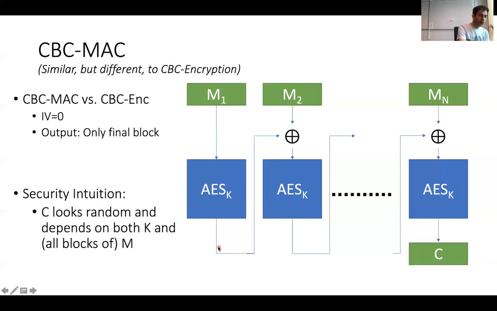Maybe the output of the first block will be the same, but then when you XOR that with the block where there is 1 bit of difference, that 1 bit of difference will be input to AES, which behaves like a random function in some way, and therefore the output will be very different from the input, and this large difference will be propagated.